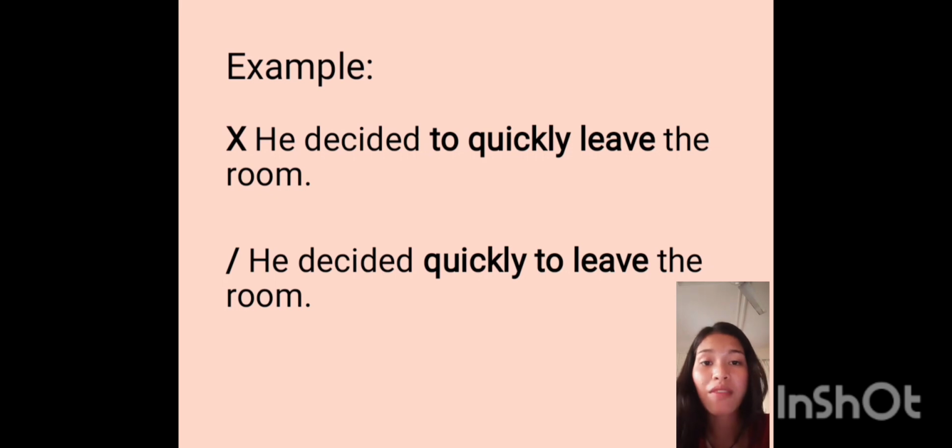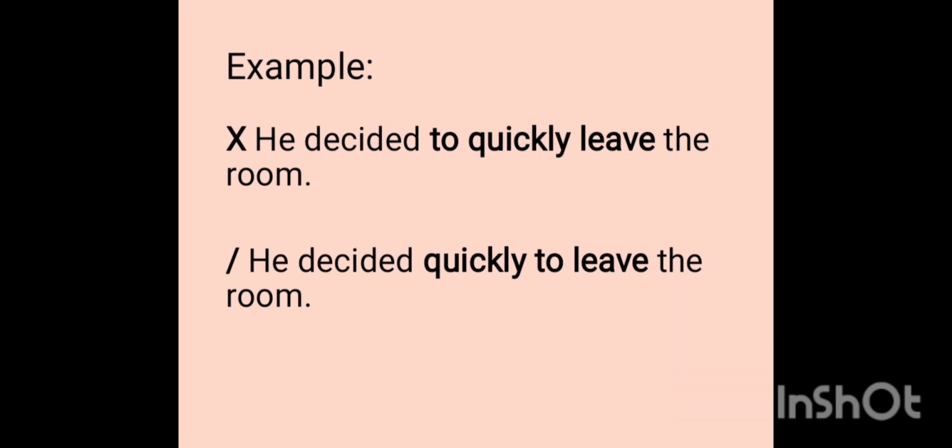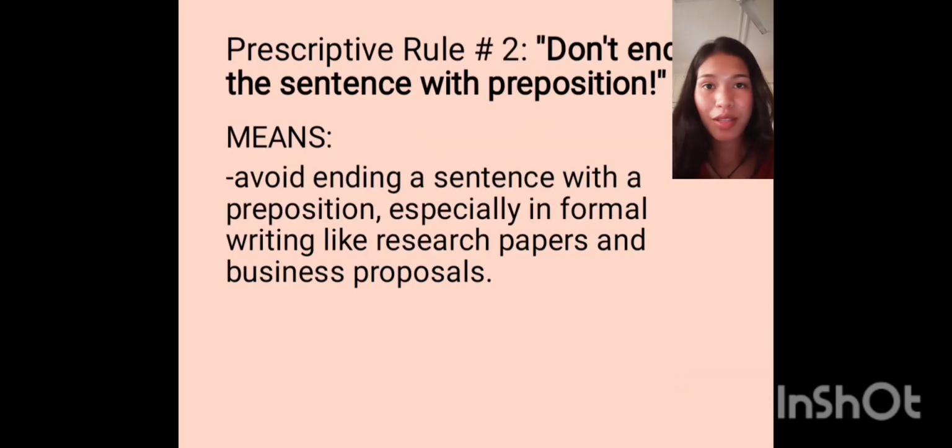Don't split infinitives. So now let's proceed to prescriptive rule number 2, which is don't end the sentence with a preposition. This means avoid ending a sentence with a preposition, especially in formal writing like research papers and business proposals. Before giving you an example, let me show you what a preposition is.